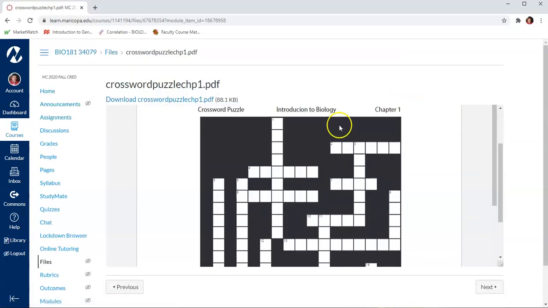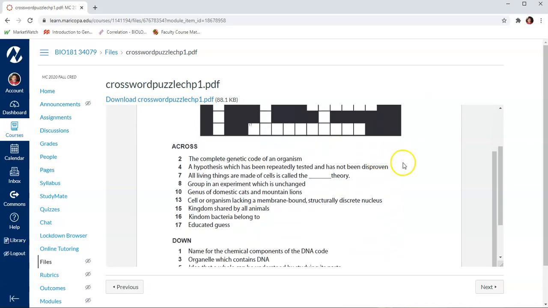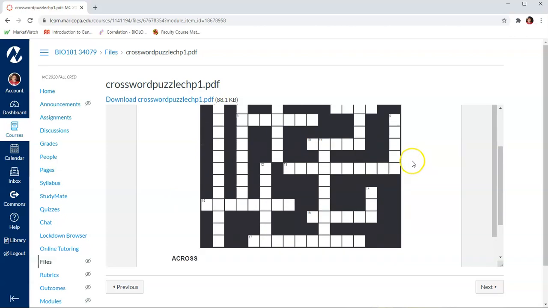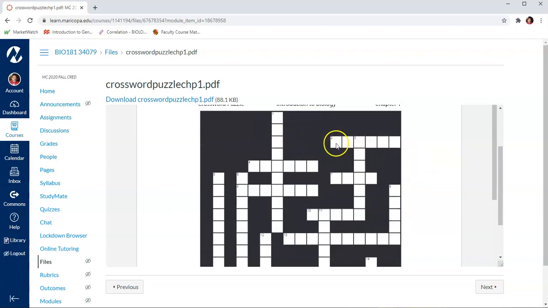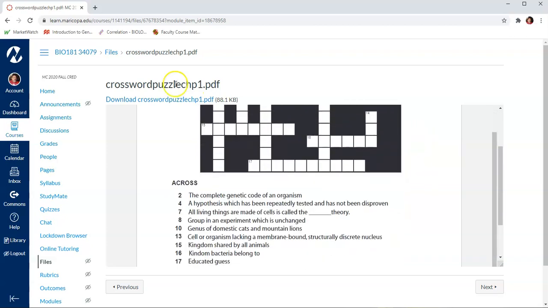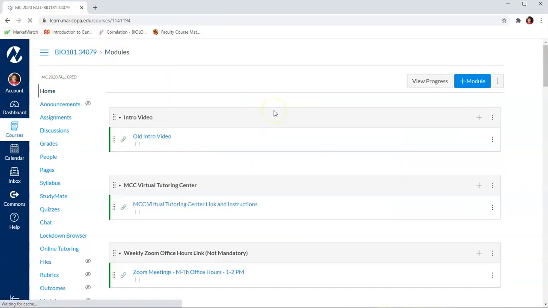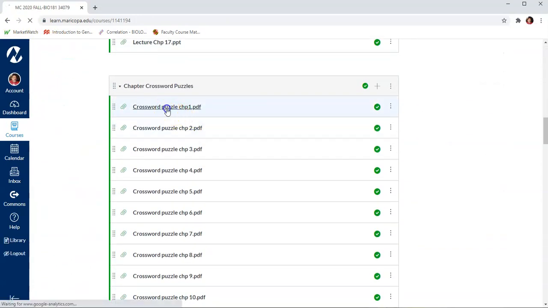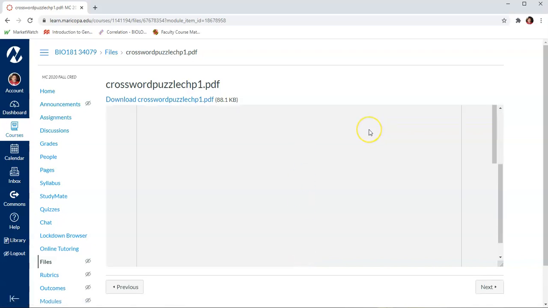I thought that it would be more fun to do crossword puzzles than to just make flashcards. But if you want to make flashcards, you can do that. These are not turned in for a grade; they're just study guides for you to learn the terms. So, two across, the complete genetic code of an organism, is actually genome, and then I have the answers to each of these crossword puzzles here, so we can check our work.